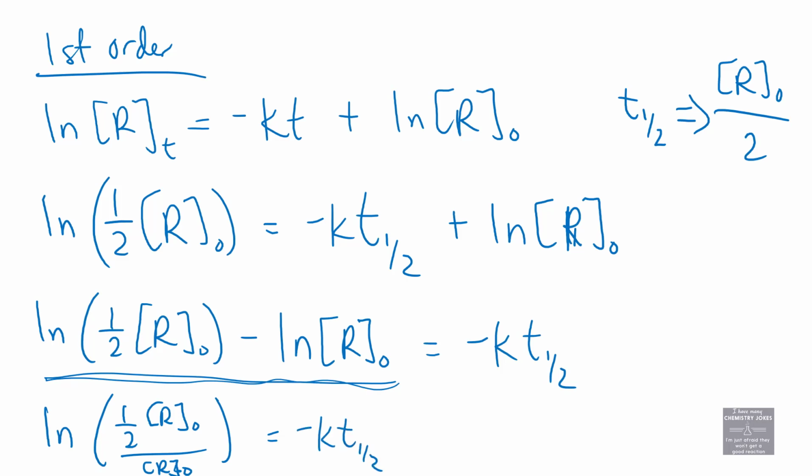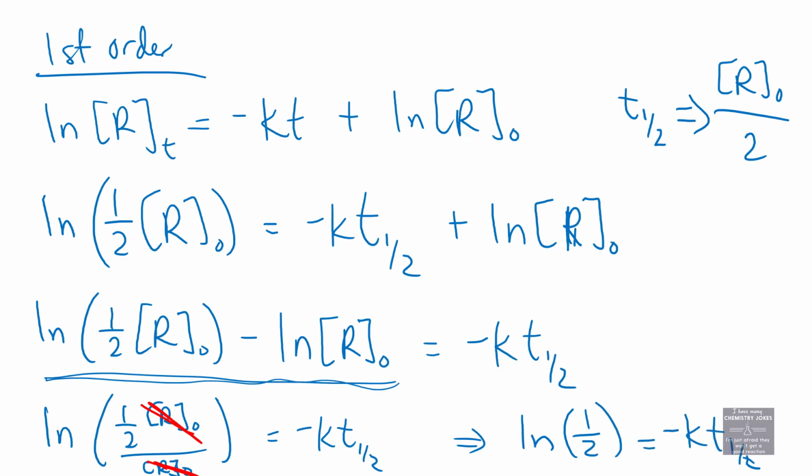And I can cancel out R0 divided by R0. That's ln of 1/2 equals negative kt 1/2.